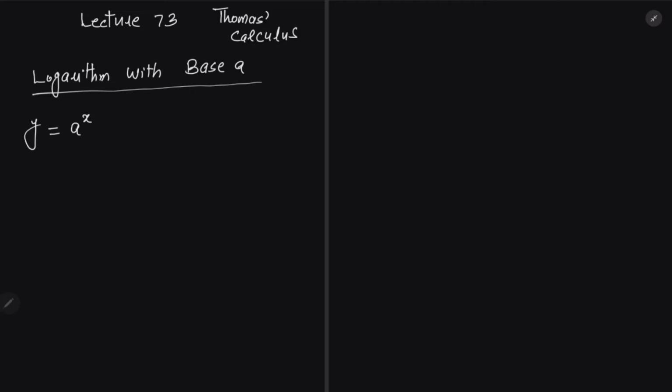Let me just go back and try to understand how the different functions will look when we change a. Suppose a is equal to 1, how will the function look? Suppose we have 1 raised to power x.